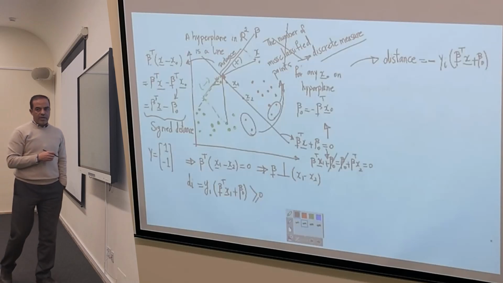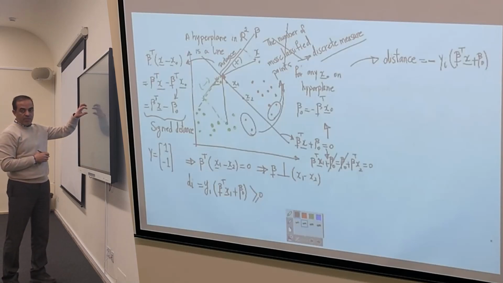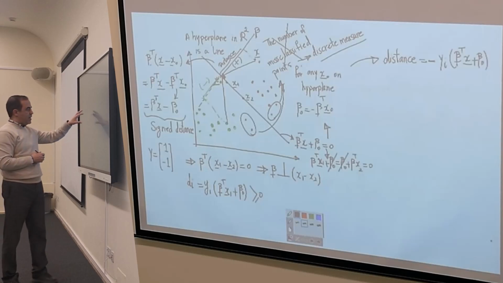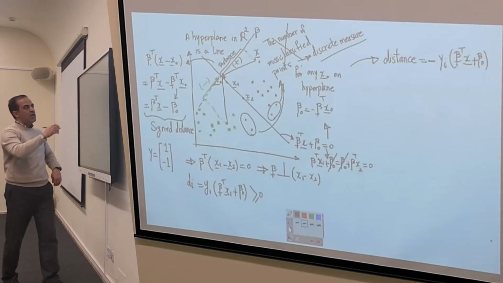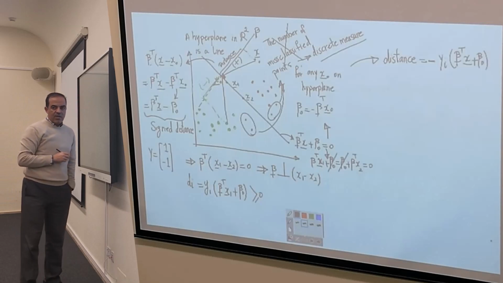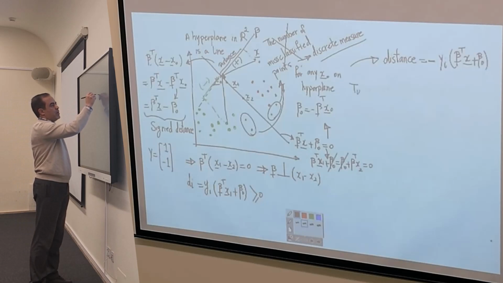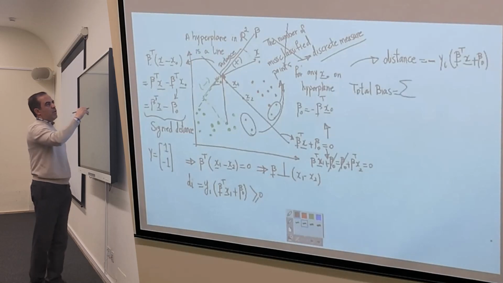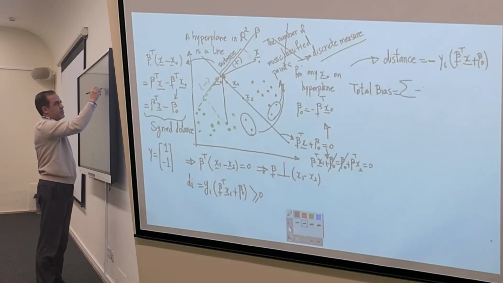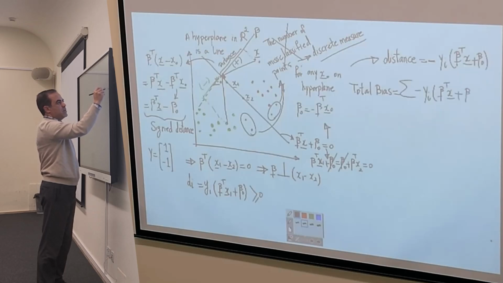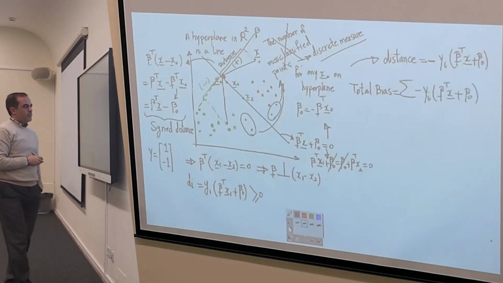So to make this correction, to consider the green ones with the negative and the red ones with the positive, we must add this negative sign here, and this distance can give us the total bias by making a summation of all of these distances. Theta transpose x plus beta naught.